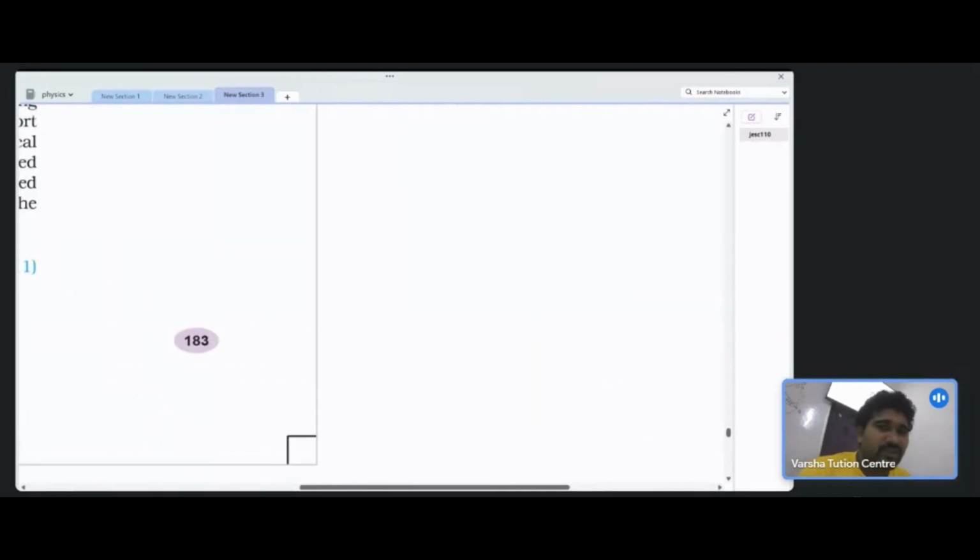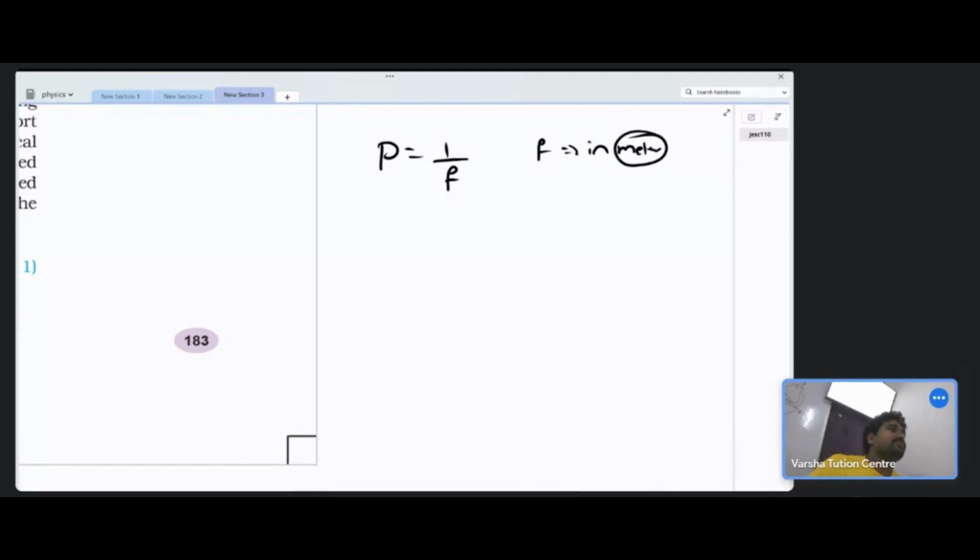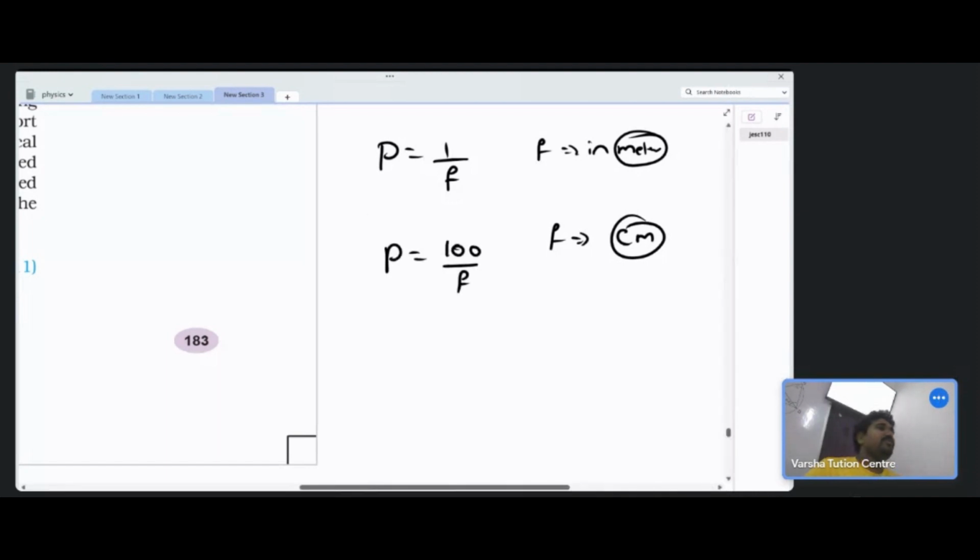P is equal to 1 by F. Keep in mind, F should be in meters if you want to write this. No, sir, in question F is given in centimeter. Then P is equal to 100 by F.